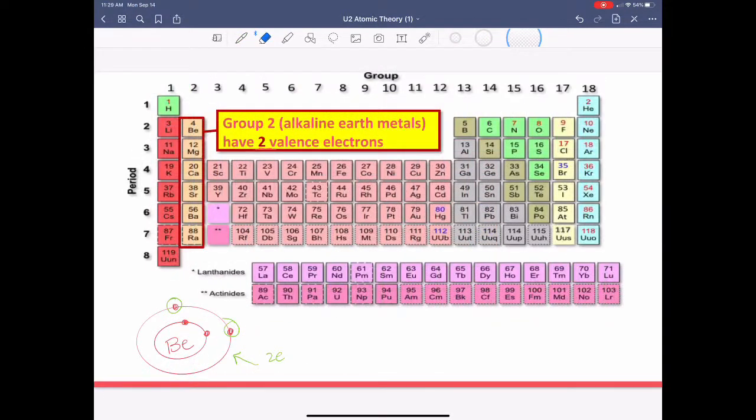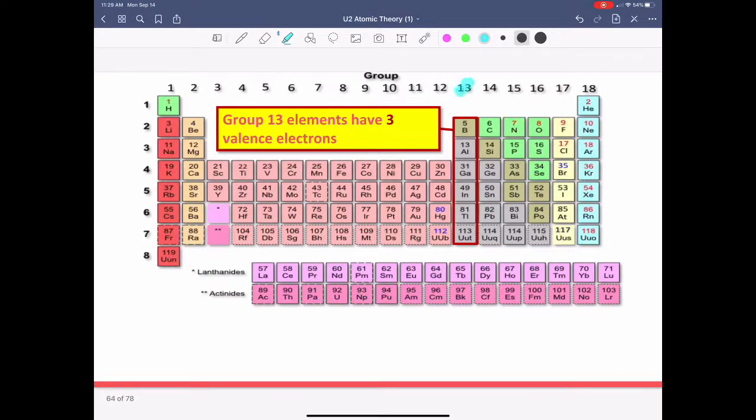So we're going to see this trend continue as we work along our A group elements. All right, so remember that A group is your group 1, 2, and then 3, 4, 5, 6, 7, 8. So group 1 had 1 valence electron, group 2 has 2, group 13 has 3. If you notice right here, what's the second number in 13? 3.